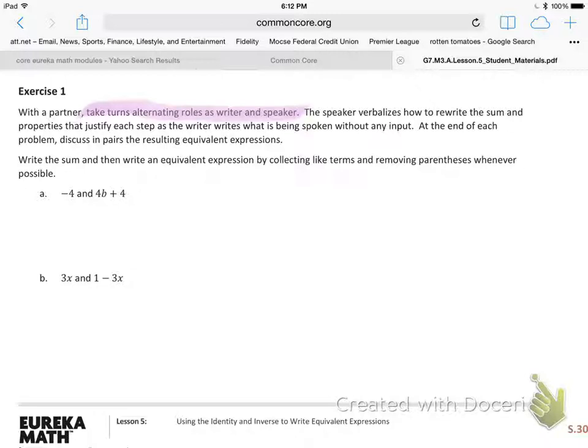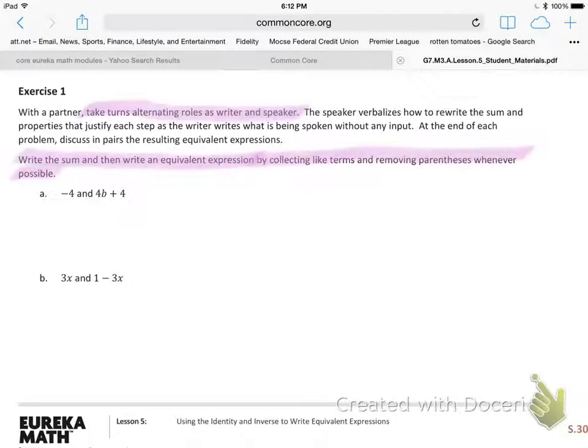I guess research has shown that when you say something as you're doing it, that's really helpful, to be able to speak your way through it, write your way through it. But for now, we'll just have you do A and B here. What you're doing is writing the sum and then writing an equivalent expression by collecting like terms and removing parentheses whenever possible.